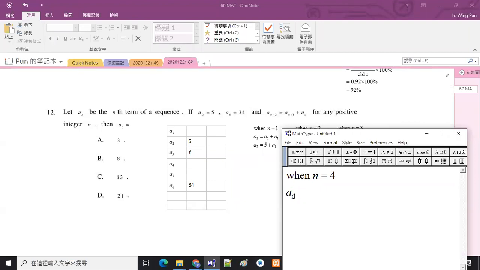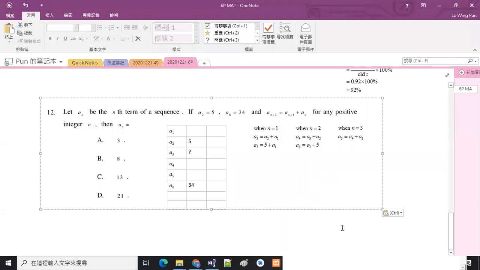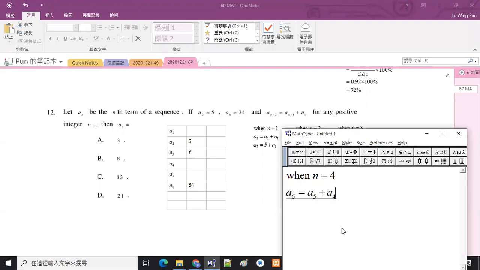And then when n is equal to 4, we have A6 is equal to A5 plus A4. Okay? A6 is equal to A5 plus A4, but we know that A6 is equal to 34. So we have A5 plus A4 is equal to 34.